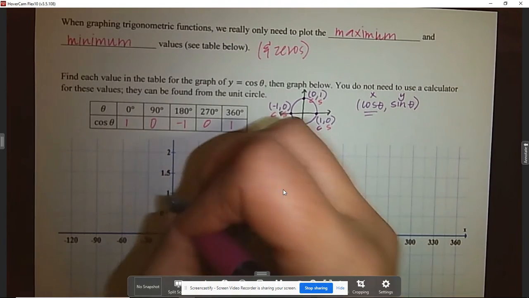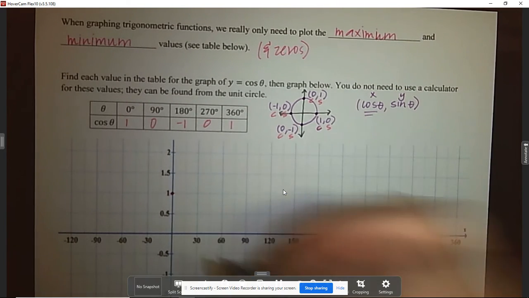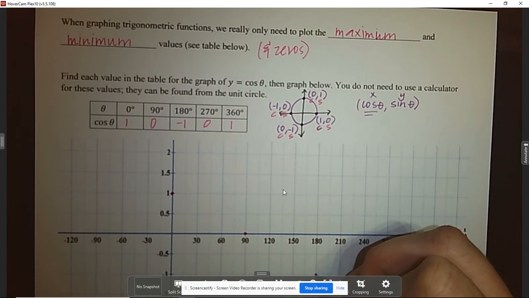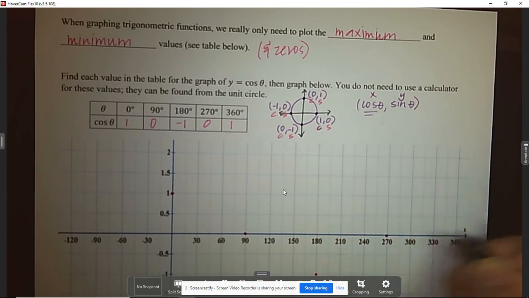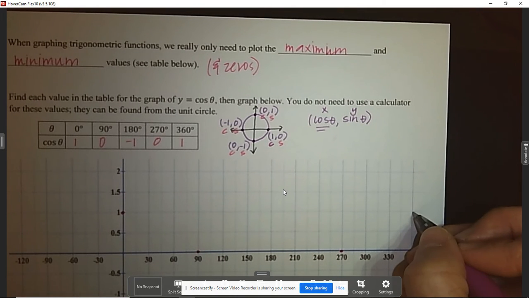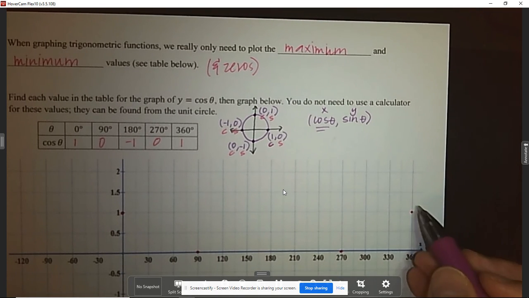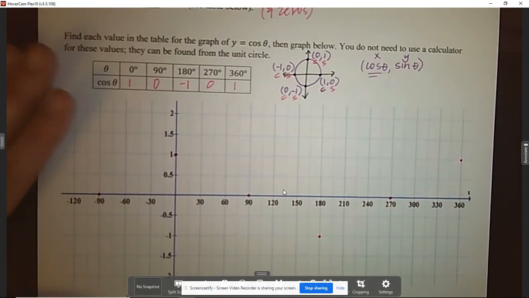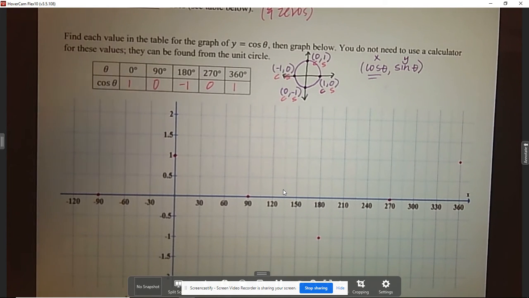All right, so 0, 1, 90, 0. You can see we're plotting far fewer values now. But now that we know that sine and cosine are curved graphs, we don't have to worry about it. This also goes on forever back this way. So I'm going to plot -90, 0. And now I'm just going to connect them. And bear with me, I've got to turn my paper one more time. Sorry.